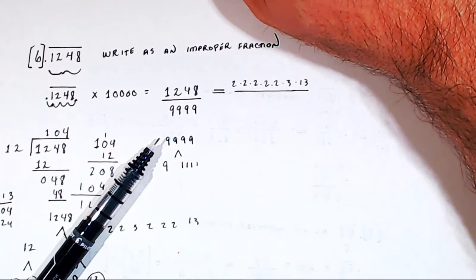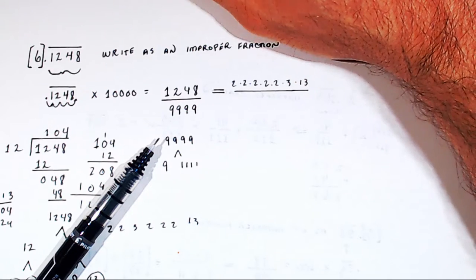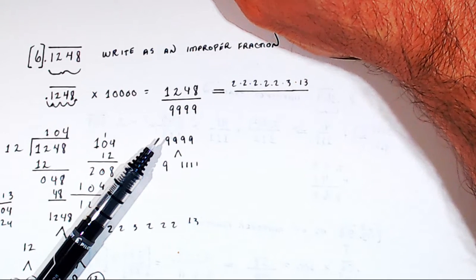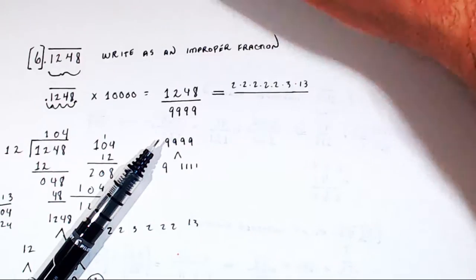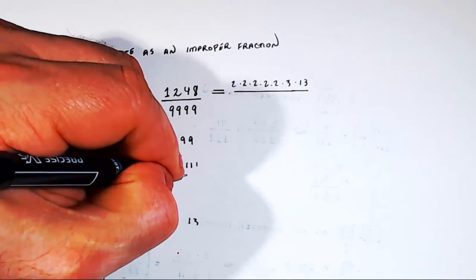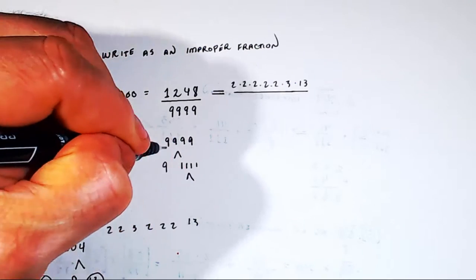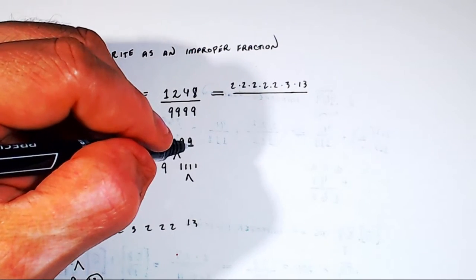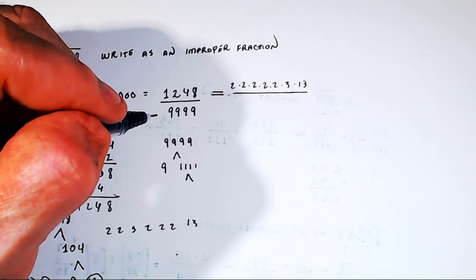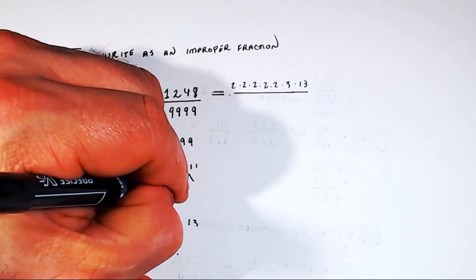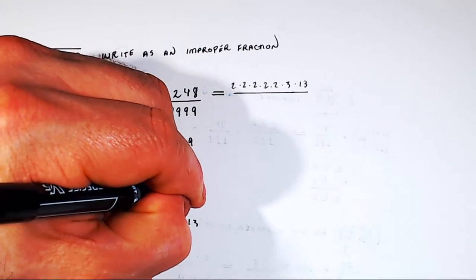Let's see. It can be divided by 11. Okay. So 1,111 can be divided by 11. And that would be 11 times 101.